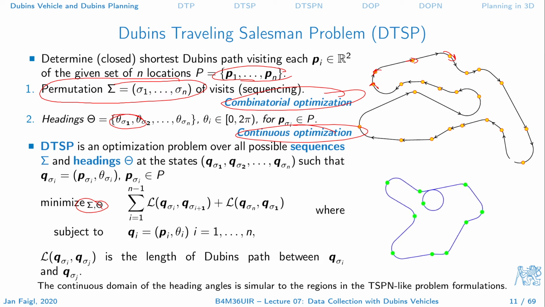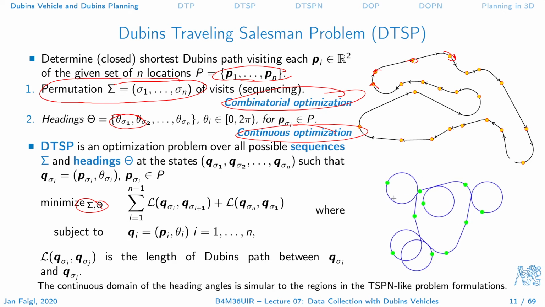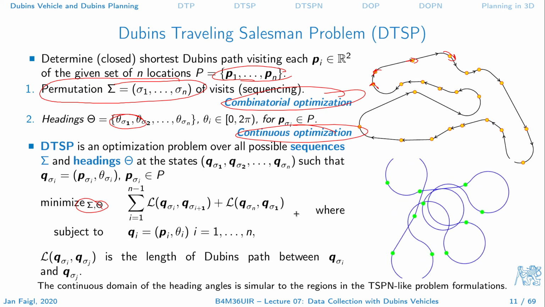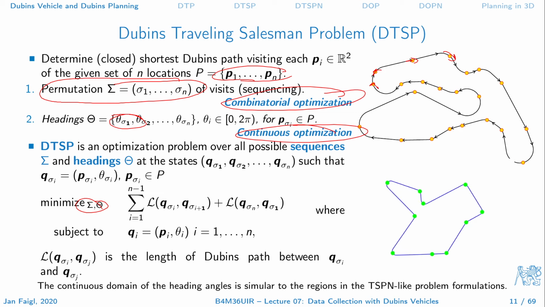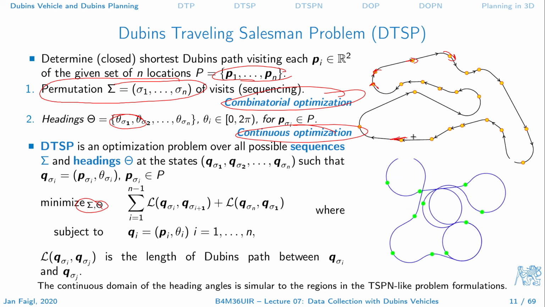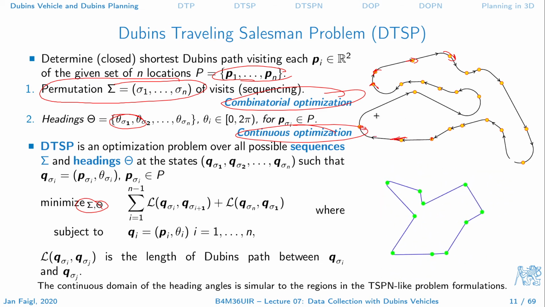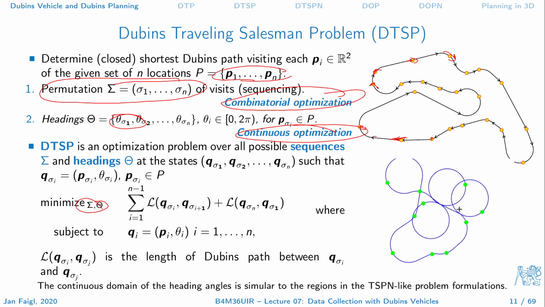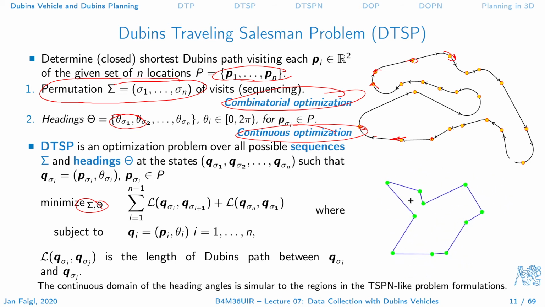And what is related to this problem is that it's mutually dependent, so we cannot find the optimal heading unless we have the optimal sequence, and we cannot assess the sequence if we don't have the optimal heading. And so that's captured here. If we have some sequence and then increase the turning radius, we can see that for some turning radius the sequence is no more optimal.